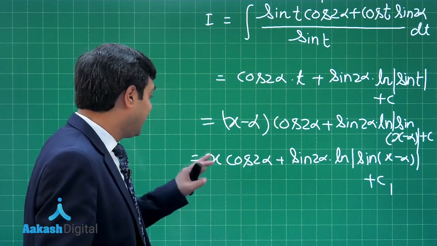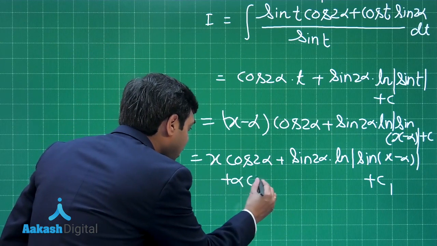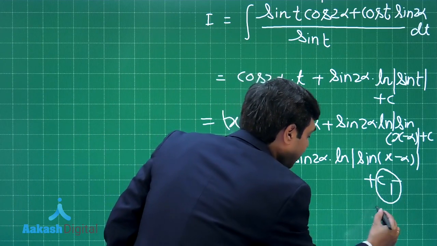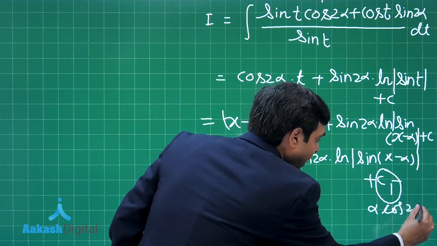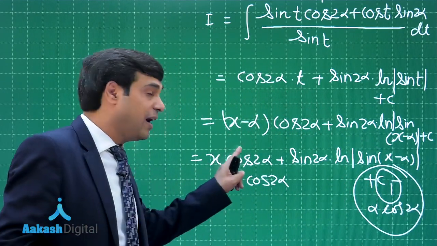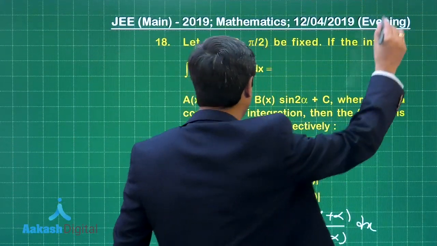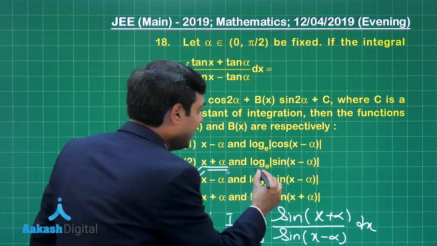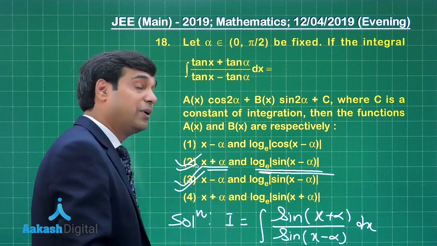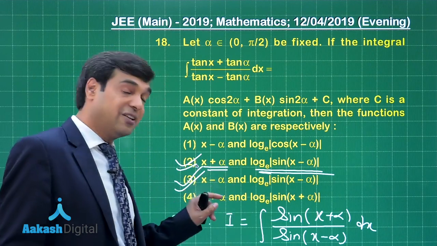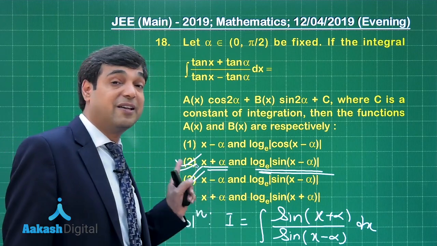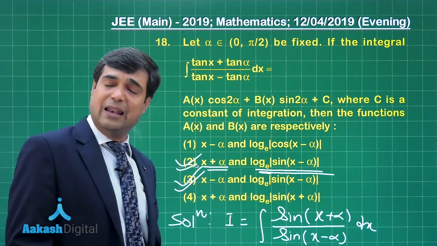Now, let's say plus alpha cos 2 alpha, and here we can see from this c1 minus alpha cos 2 alpha, which will give you another constant of integration, meaning that (x plus alpha) into cos 2 alpha can also be considered. So from here, x plus alpha and log mod sine of (x minus alpha) can also be considered. That means option 2 can also be correct. In first go, we are getting option 3, but because it is integration, the constant of integration is already there, so it can also be considered as option number 2. So this was about question number 18. Let's move on to the next one.